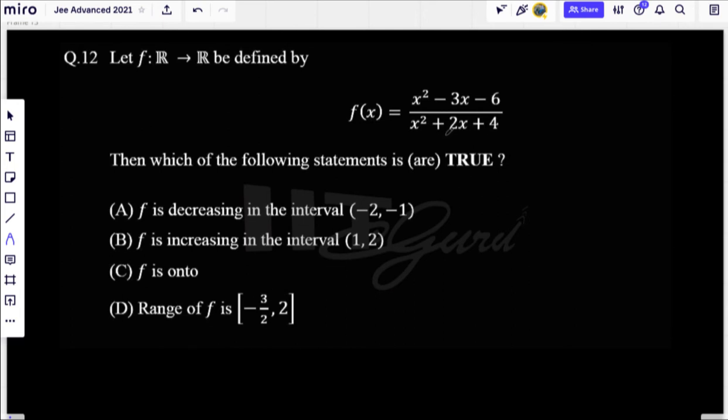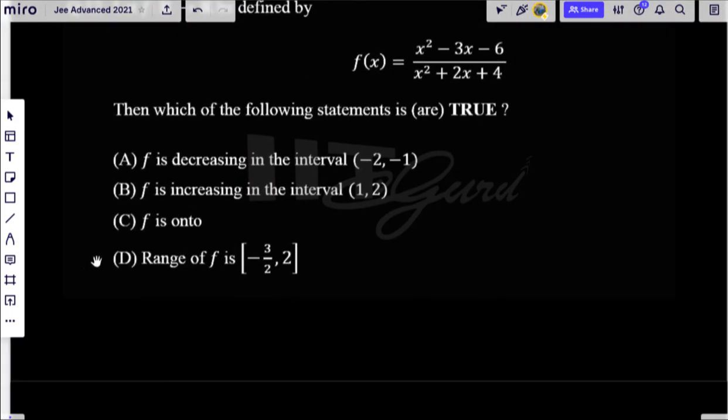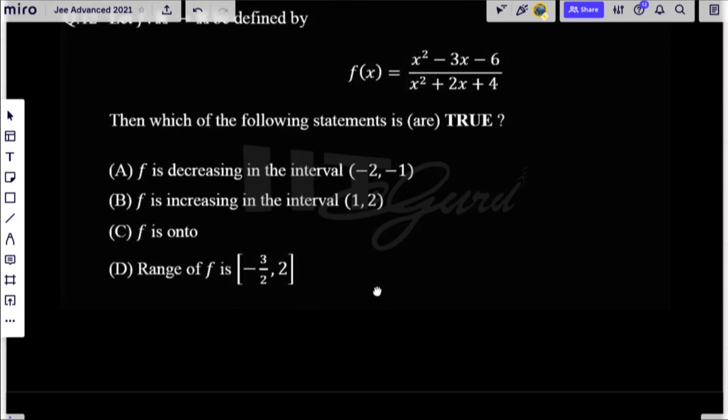One of the functions is given, quadratic upon quadratic. Numerator also quadratic and denominator also quadratic. So to analyze this, as in the first two options, increasing, decreasing, and onto and range, we have to discuss.